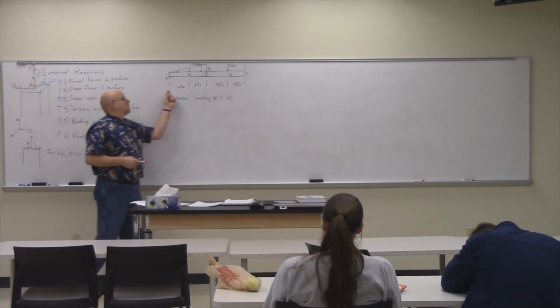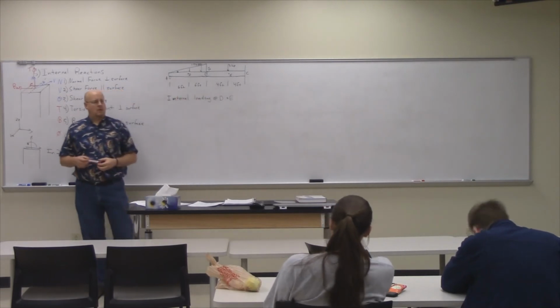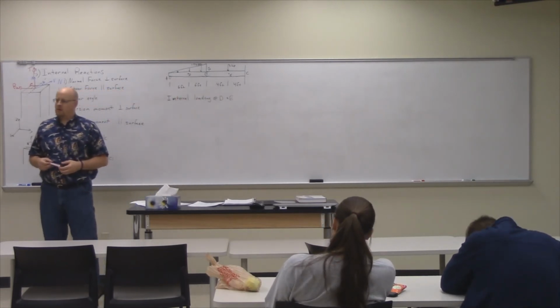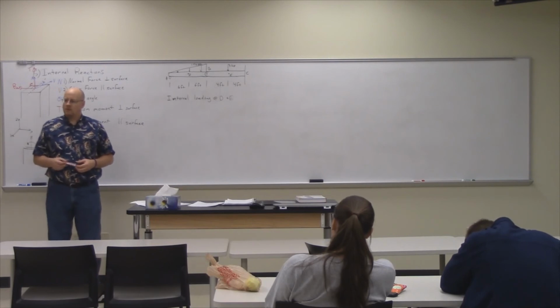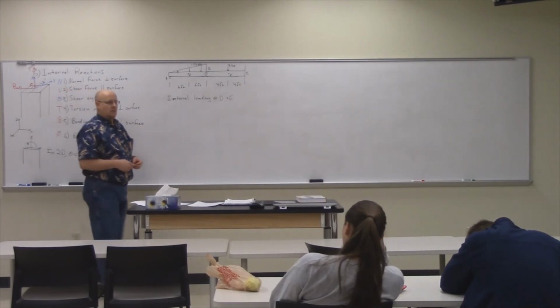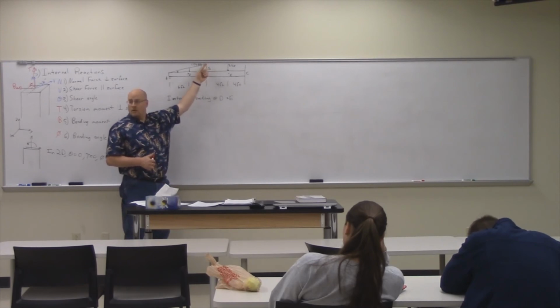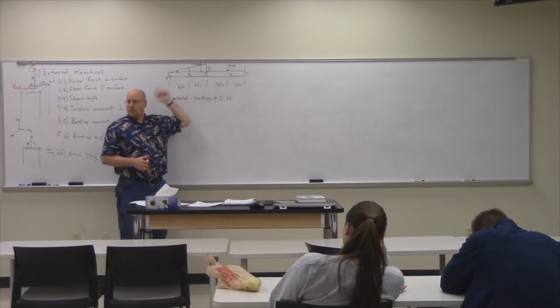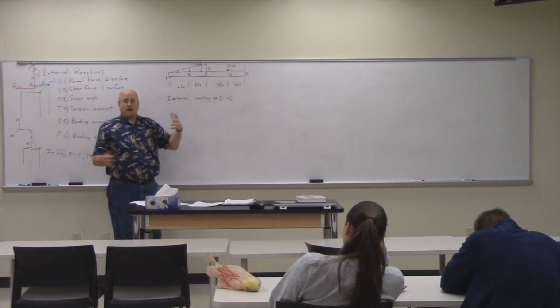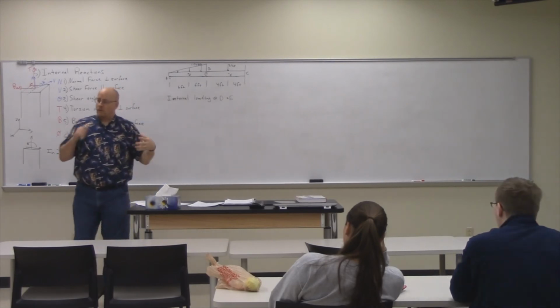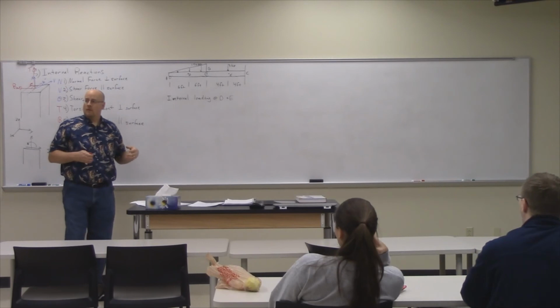That's the peak value, 1.5 kip per foot, the peak value of the distributed load. What's the total? How do I find the area under the curve? I integrate.